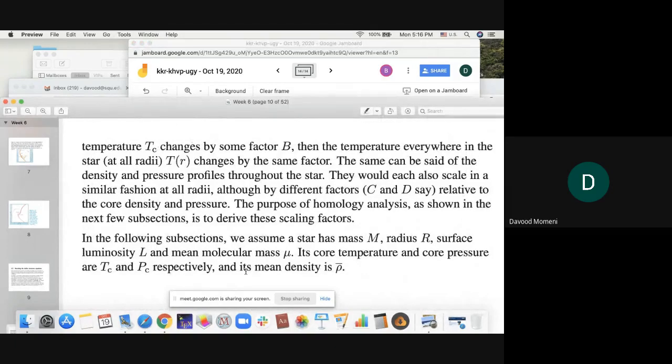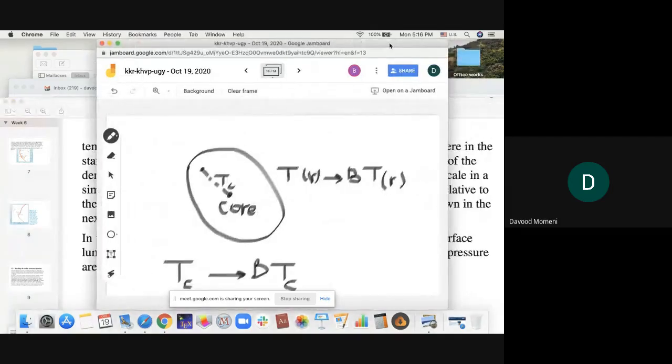Then you can also say the same about the density and pressure profiles. If they change by a factor of C or D, then we can say that this change will be translated to the pressure and density at any other point, not only the center. So it seems that you have a scaling symmetry here.